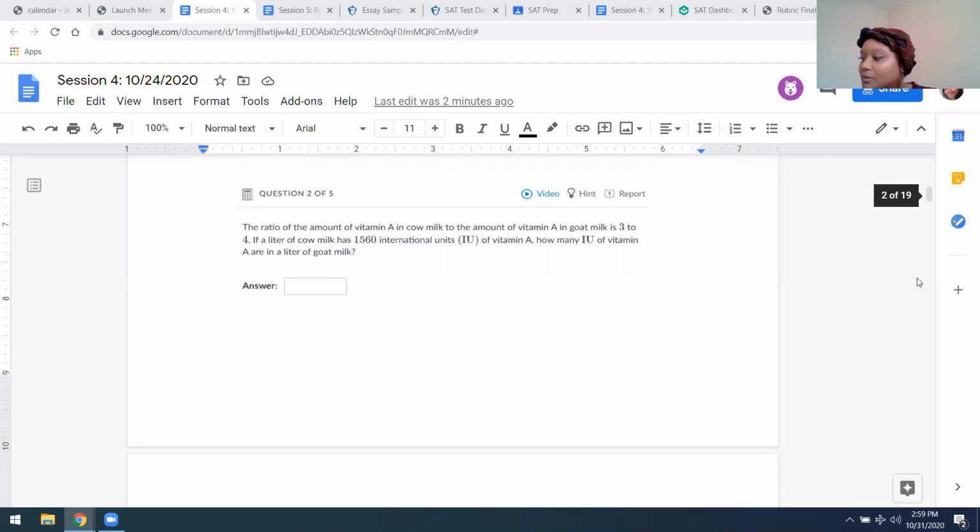Remember I told you ratios are fractions, essentially. But be very careful with the language, make sure you don't make any assumptions, and pay very close attention to the wording. I'm going to give you a minute or so to come up with the answer, and then we'll come back to review.